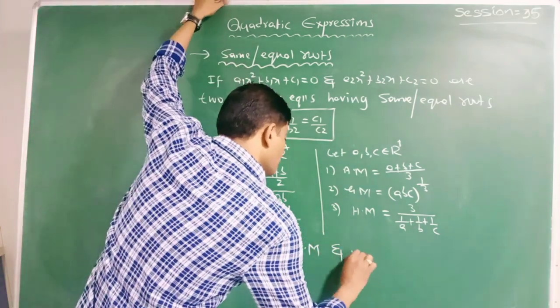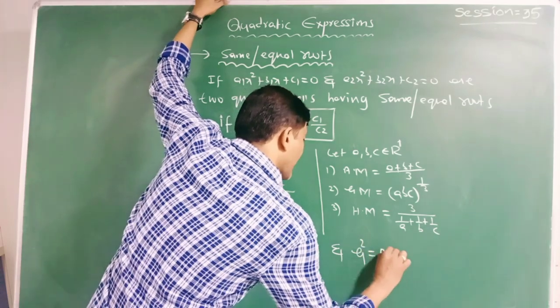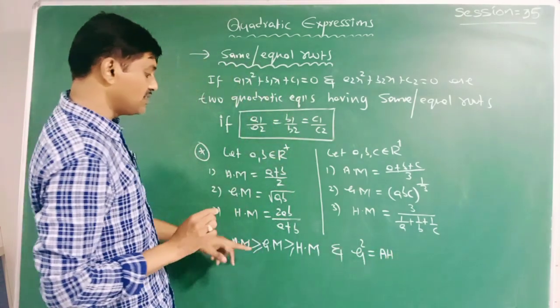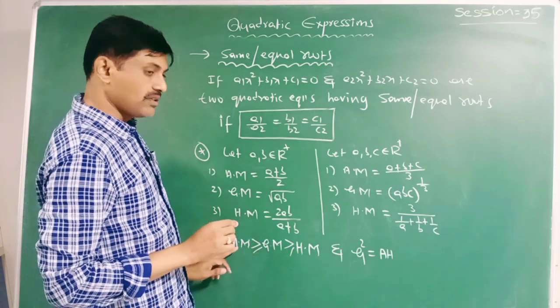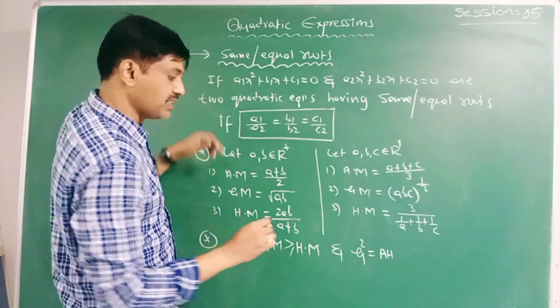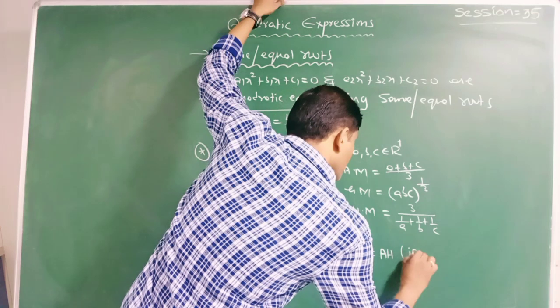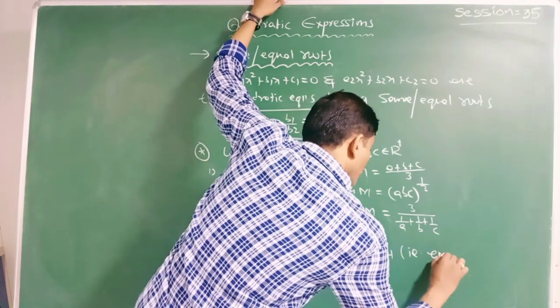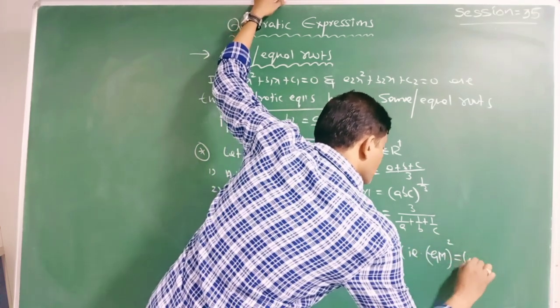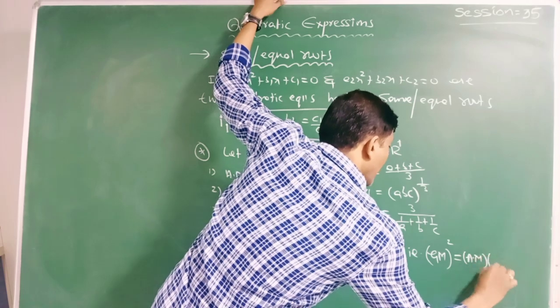Yes, AM is always greater than or equal to GM, which is always greater than or equal to HM, and G square is equal to AH. G square means GM square is equal to arithmetic mean into harmonic mean. That is nothing but GM whole square is equal to AM into HM.